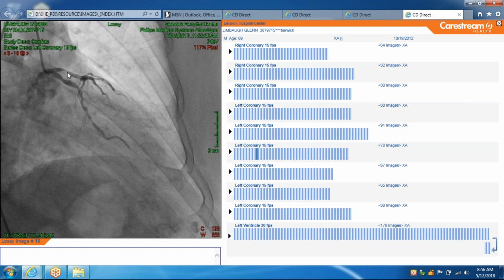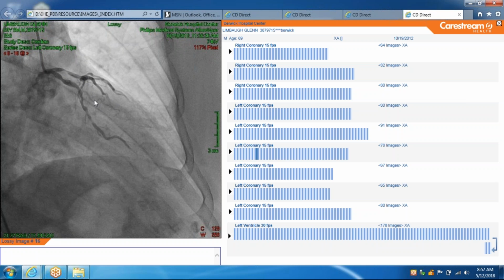So the obstruction is right there. So you'll put your graft distal to the obstruction because this obstruction is going to prevent blood from flowing to the muscles down here. So when you do your graft, you're going to put it distal to the obstruction so that you get blood flow down here.